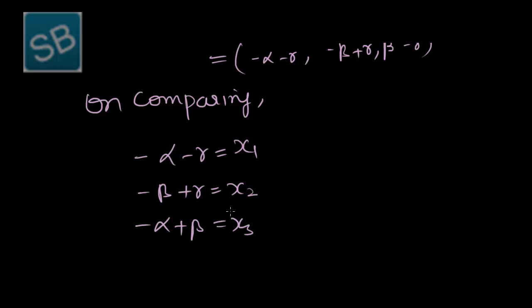minus beta plus gamma is equal to x2, minus alpha plus beta is equal to x3. So on adding the first two equations, we will get minus alpha minus beta is equal to x1 plus x2.